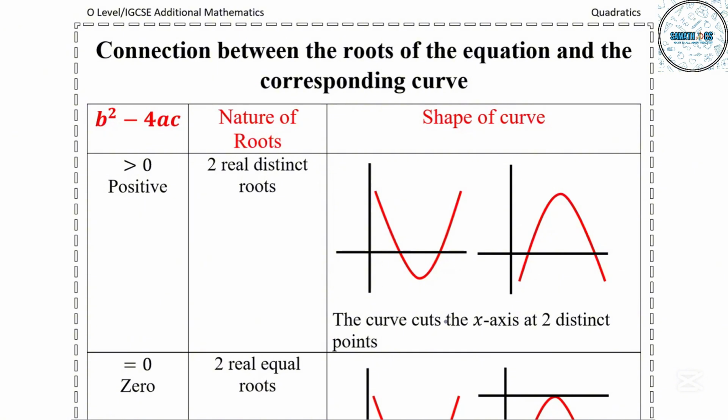The curve cuts the x-axis at two distinct points. So you can see it's intersecting the x-axis at two different points.